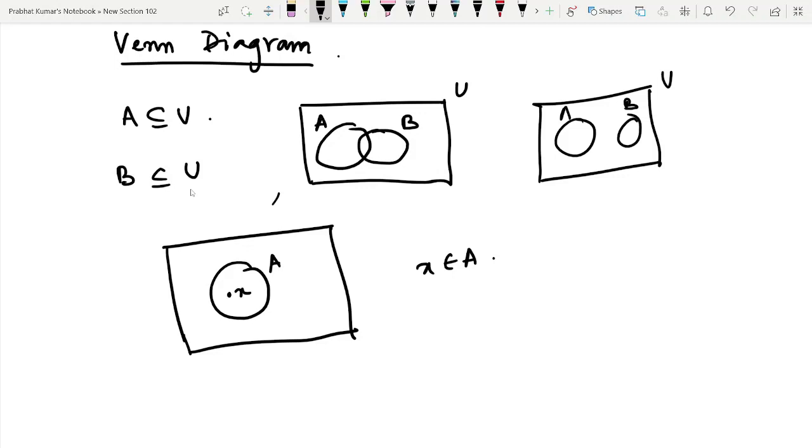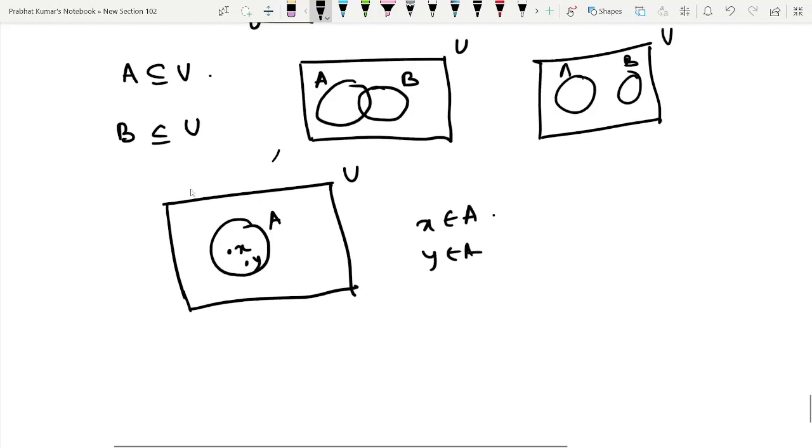You can represent it using a dot inside A. So A has this element x. If y is also in it, you draw it inside this set A. And this obviously is U.